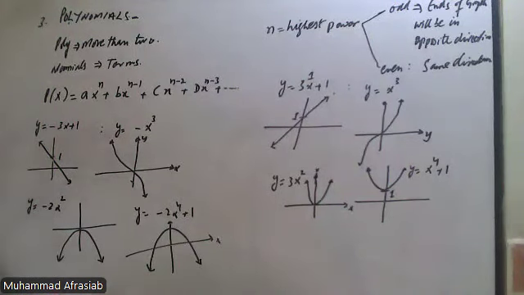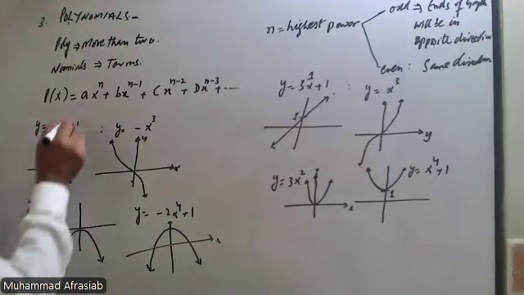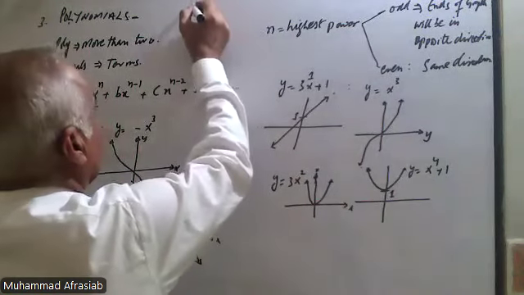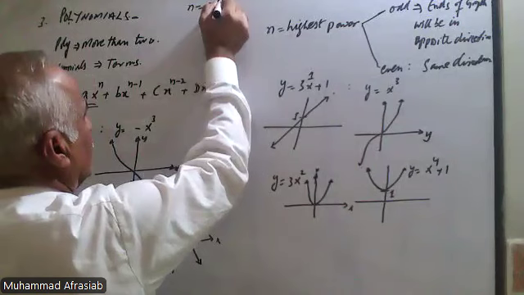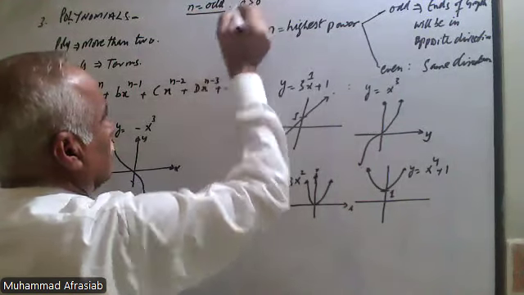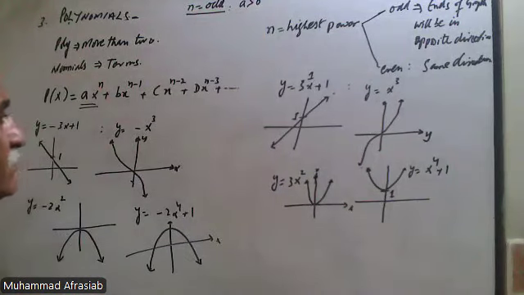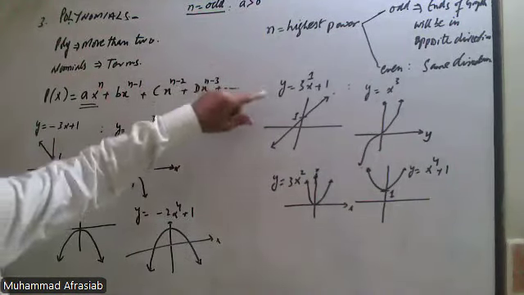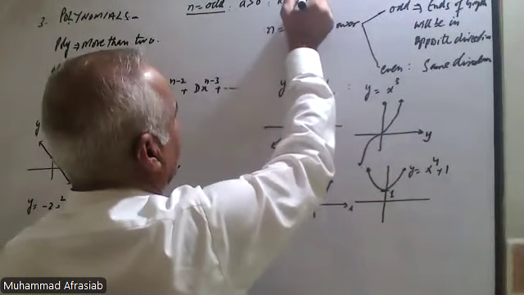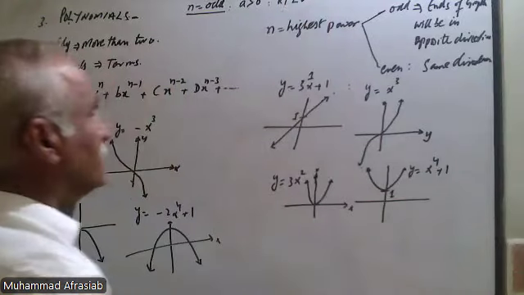Now we classify between these values of n and a, which is the coefficient of this highest power. If n is an odd number and a is greater than 0, then the right side will be upward and the left side of that graph will be downward.